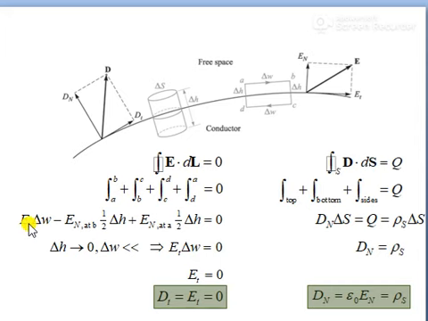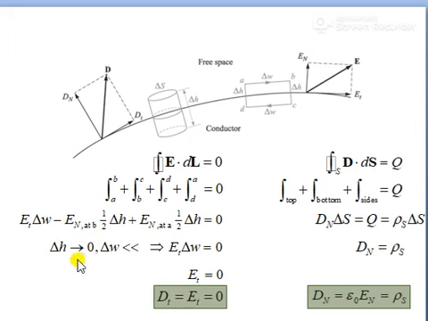After simplification, we get Et del W minus En at half of del H plus En at half of del H, and this is del H at B, equal to 0.